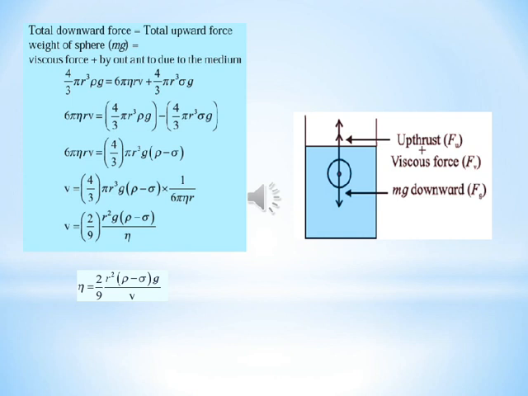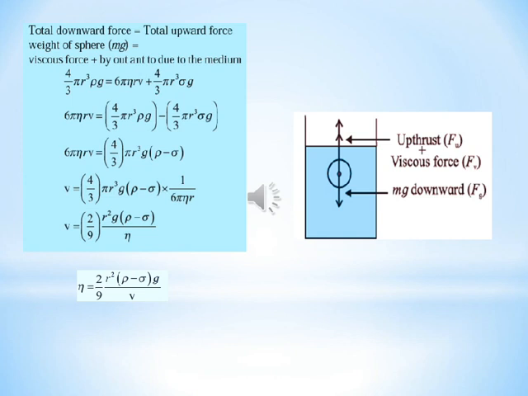According to density, m will be rho into v, where v is the volume of the sphere, which is 4/3 pi r cube. So instead of m, we put 4/3 pi r cube rho, and g stays as it is, the gravitational constant.